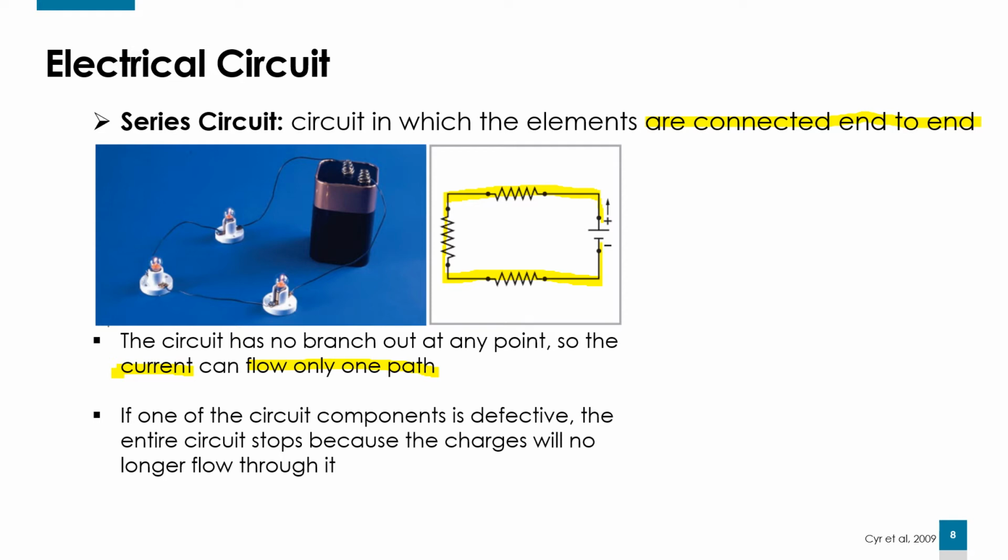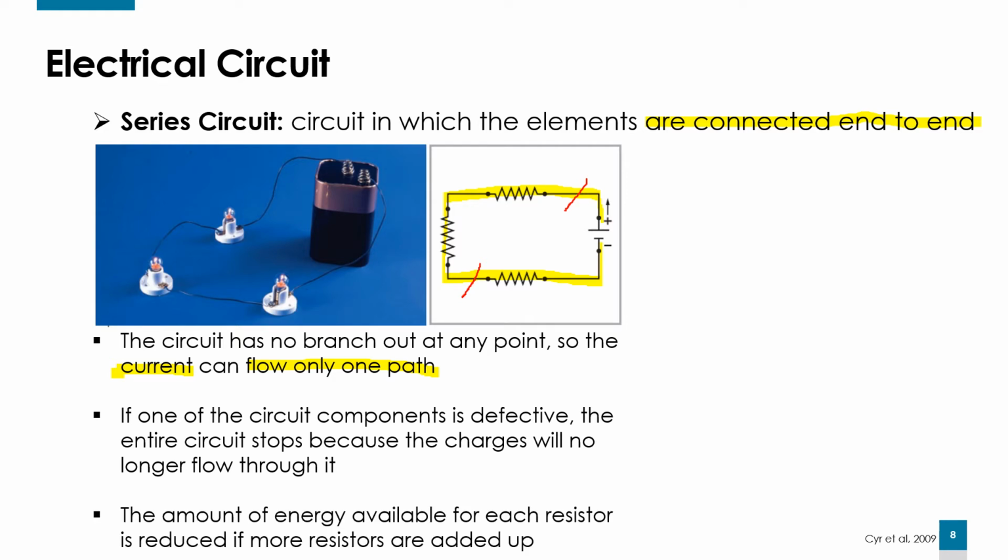If one of the circuit components is defective, the entire circuit stops because the charge will no longer flow. So if I break here, for example, none of the lights will turn on because I interrupt all the current for all of them. Or the same, if I interrupt here, it's going to cut for everybody because I broke the circuit. And the amount of energy available for each resistor is reduced if more resistors are added.